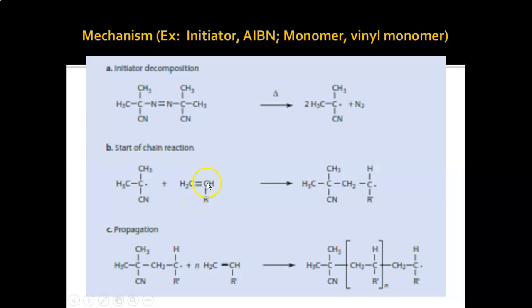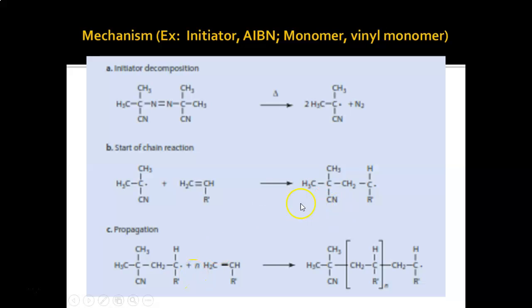So we have CH2, CH, where R is the alkyl side. I just copy down the structure of the decomposition process and then combine it with the structure of the monomer without the double bond. It will leave a single bond together with the active site. Don't forget to put the active center, the radical site.